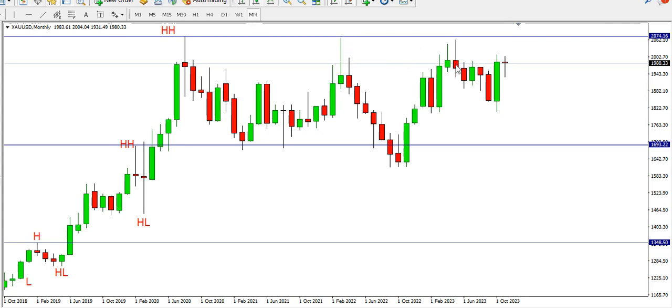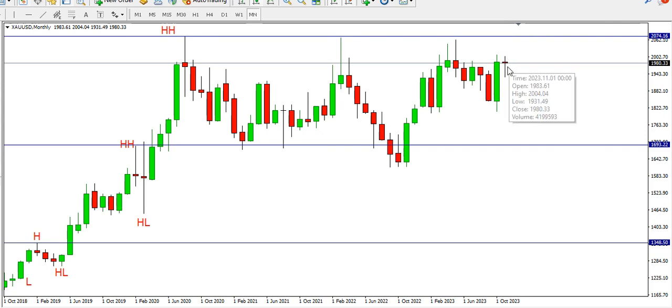Price also attempted to break the structure around the 1st of May 2023, but price didn't get up to that point. But what we are seeing now is a bullish engulfing candlestick pattern, and the month is still ongoing.